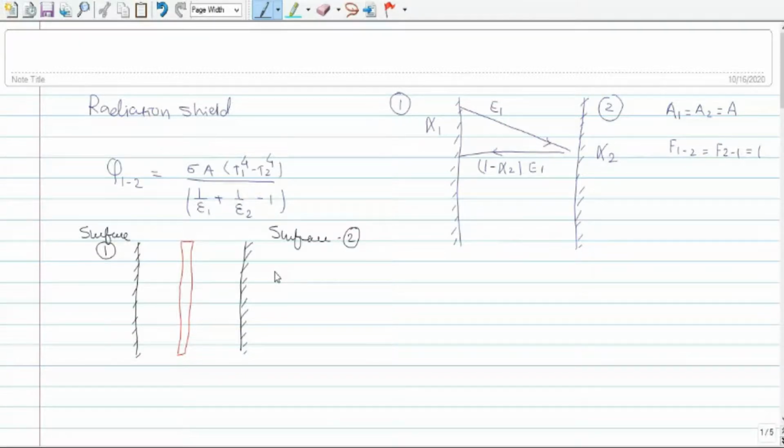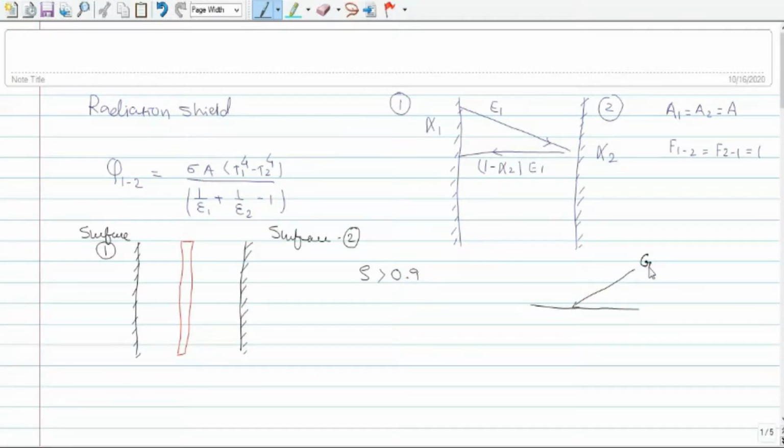So the reflectivity is high. High means it is in the range of more than 0.90. I just write, it is not equal to, it is greater than 0.90. So what physical processes happen? Reflection is more than 90%. Suppose I'm taking one surface over here, which is a highly reflective surface.